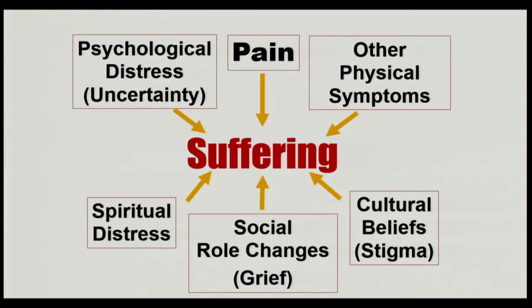There's pain and other physical symptoms, there's spiritual distress, there are major social role changes, including inability to do things that one has done often for decades. And then there are also a variety of different cultural beliefs around illness that lead people to experience stigma and other kinds of social suffering. So there's this whole realm of distress.